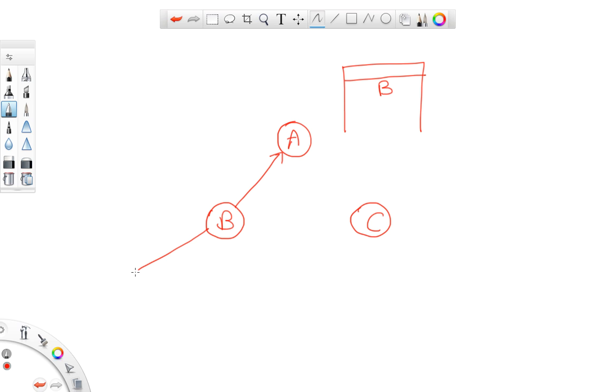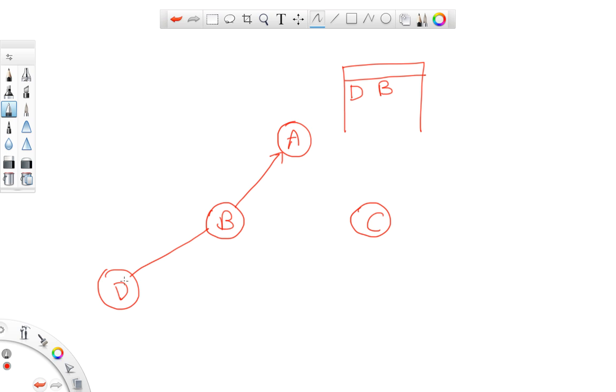So for example, if the destination is D, so if we want to reach D, how does A come to know about D? Through B, right? Because B is D's neighbor. A is not D's direct neighbor.